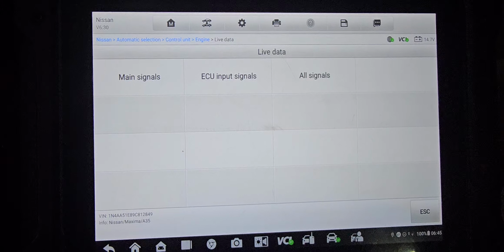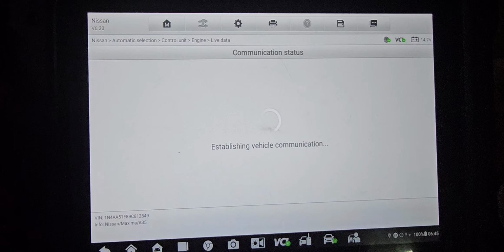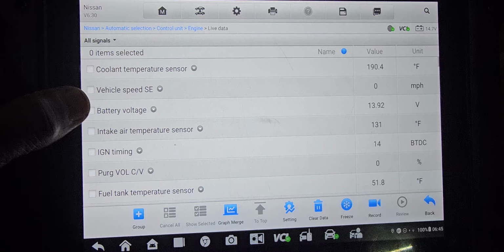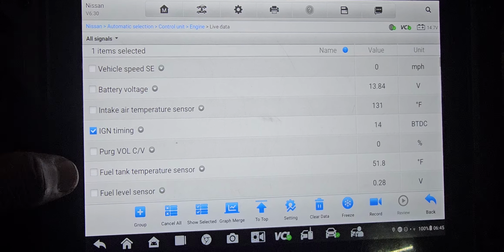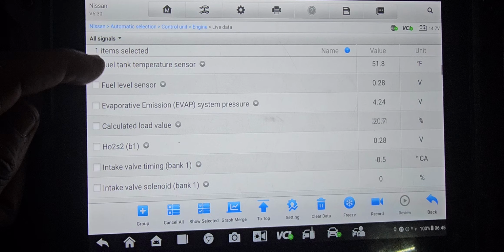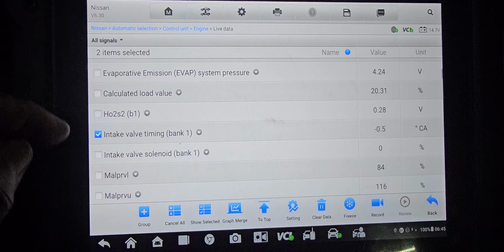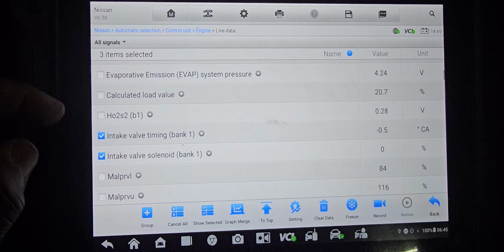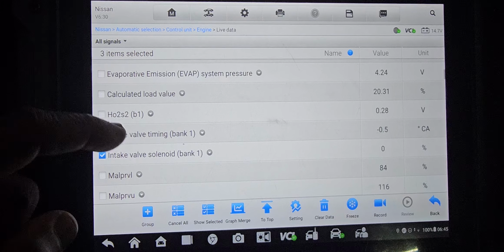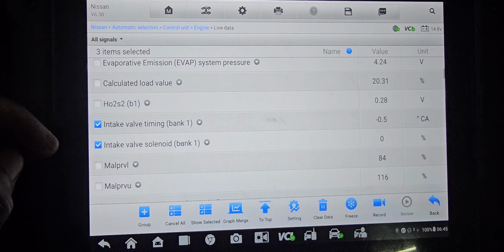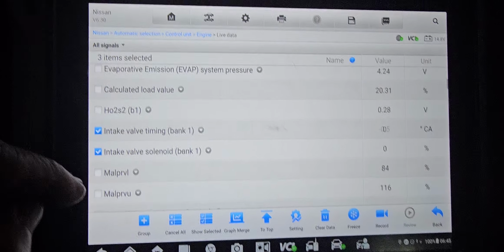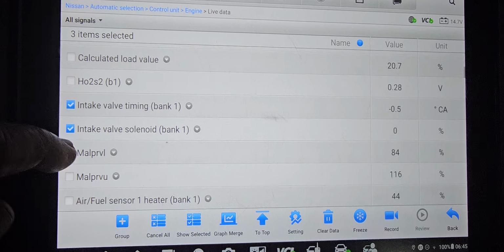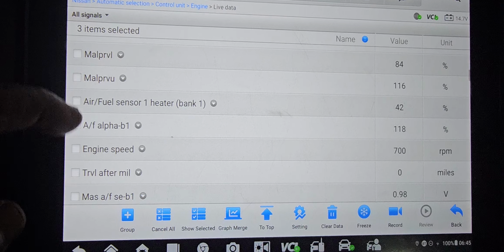All inputs. Okay, I want to see something here, timing. Then I go down, intake timing bank 1, intake valve timing bank 2. You see when the car is running what you see there. Then I have another one, engine speed.